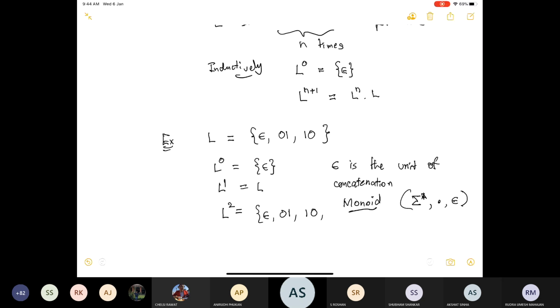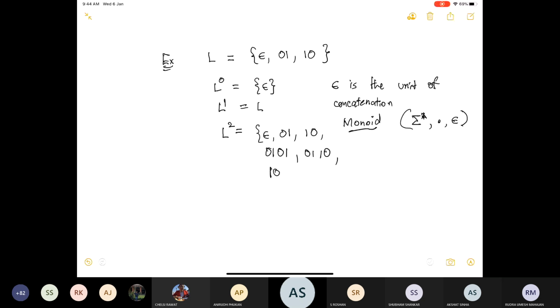So 0 1 concatenated with epsilon is 0 1. Then 0 1 0 1, and 0 1 1 0, and then 1 0 is already there. 1 0 0 1, and 1 0 1 0. So did I miss out anything?